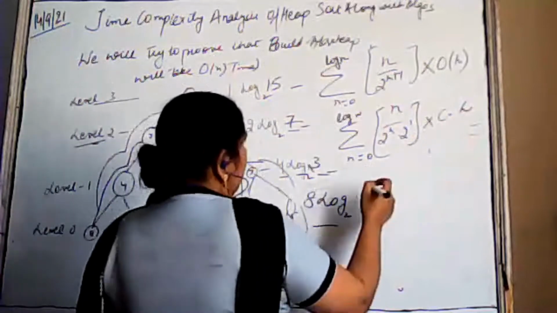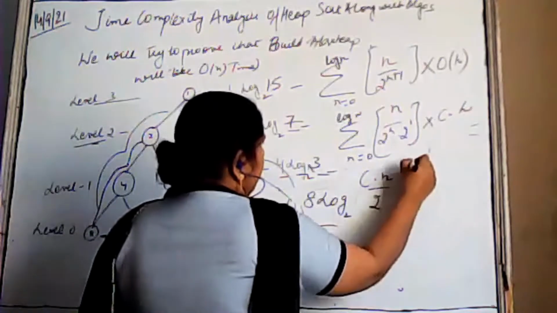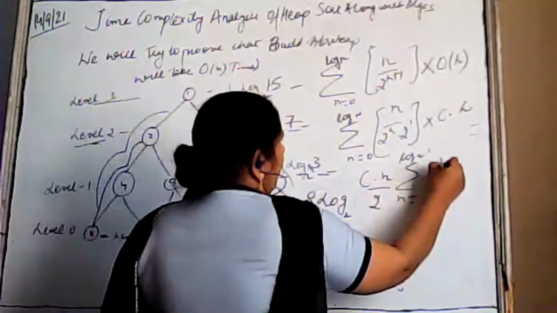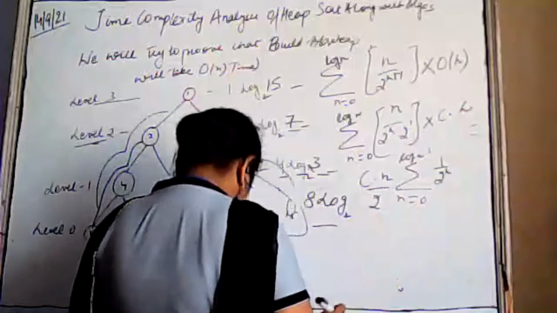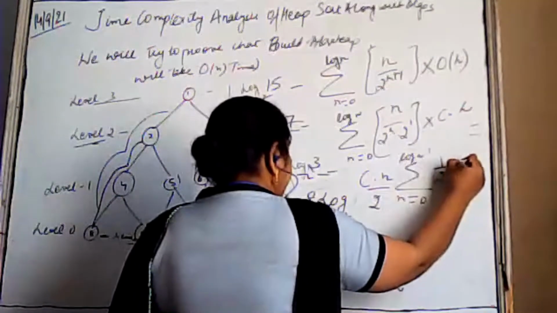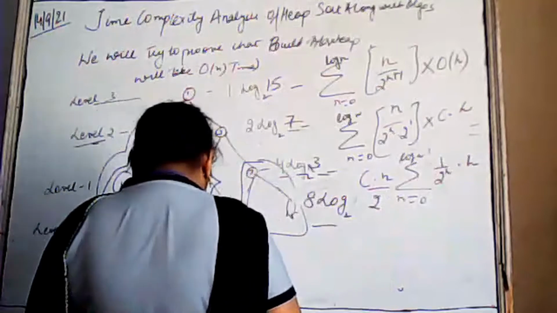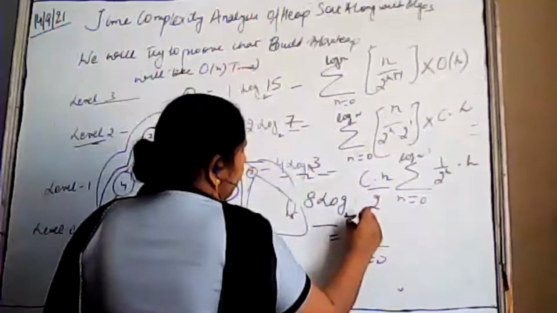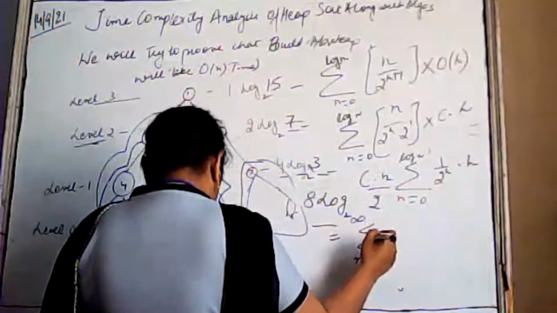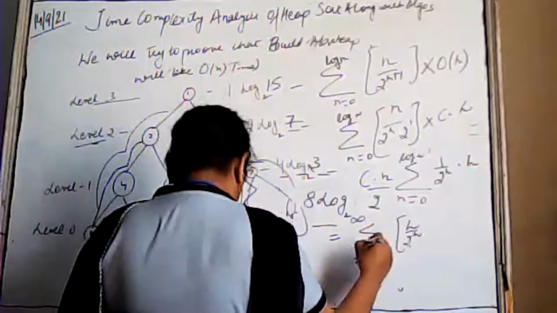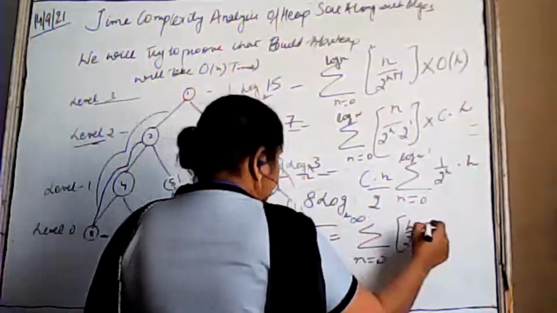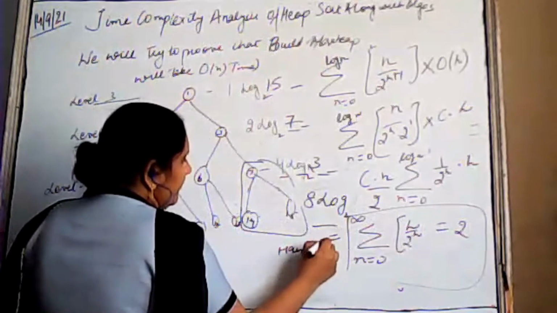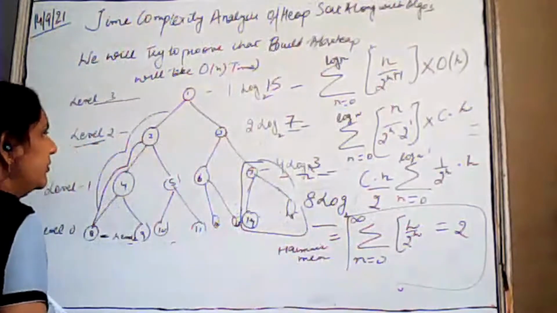Then bring all the constants outside. It will be the sum from h equal to 0 to log n of 1 upon 2 raised to power h into h, which is roughly equal to, if we apply the harmonic mean here and take the limits to infinity, for h upon 2h, roughly equal to 2.